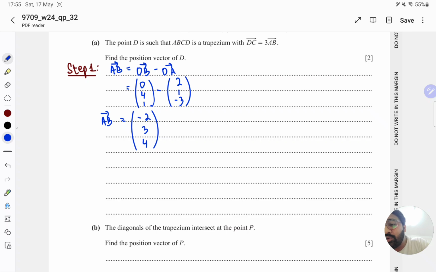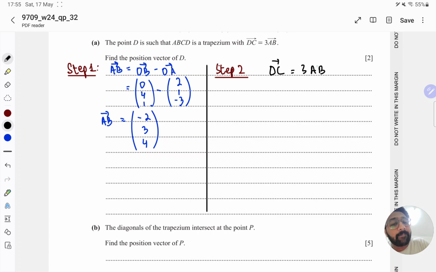Now step number 2. For step number 2, I have to use the given information above, which is DC equals 3 times AB.